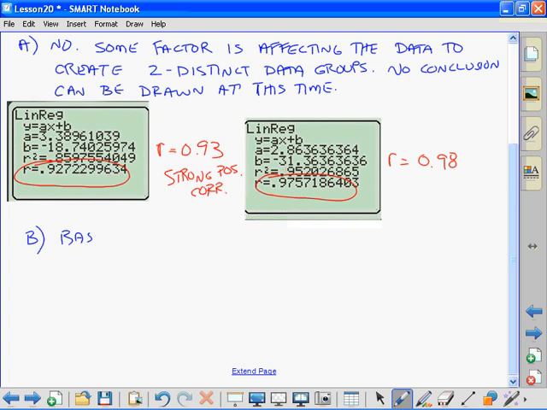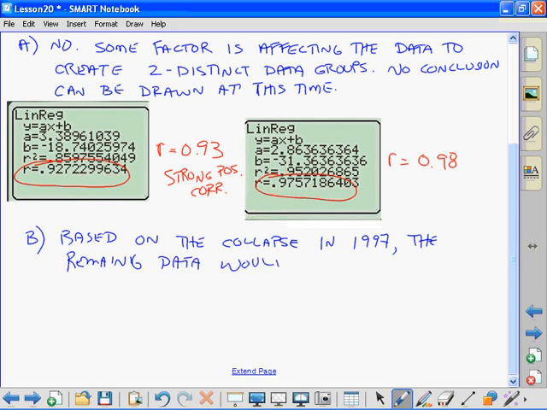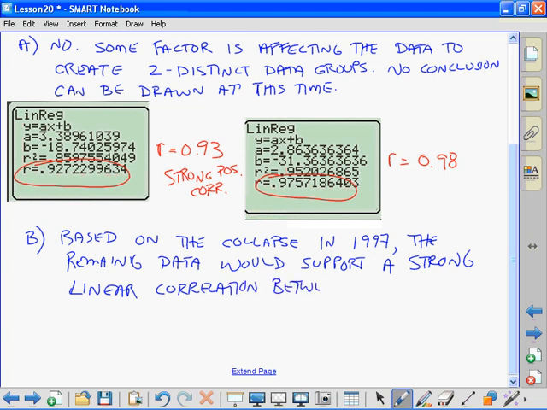So based on the collapse in 1997, the remaining data would support a strong linear correlation between youth orchestra and becoming professionals.